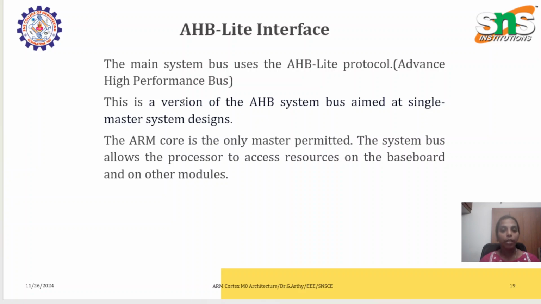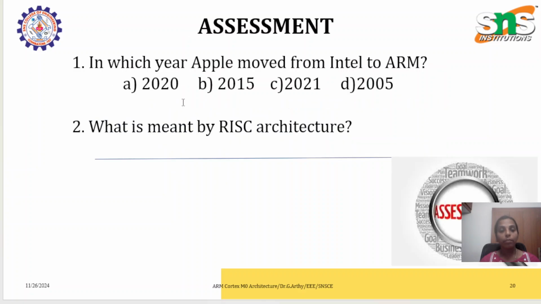This is a version of the AHB system bus aimed at single-master system designs. So one will act as the master and all the others will be slaves. The ARM core is the only master permitted. The system bus allows the processor to access resources on the base board and on other modules.